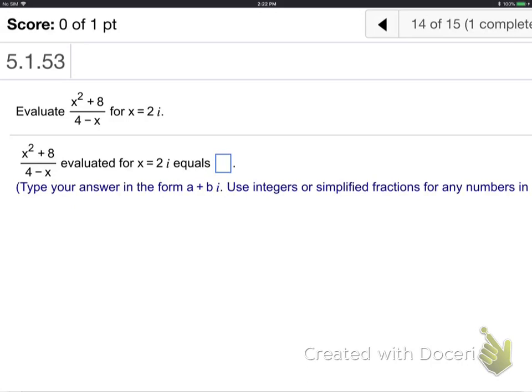So they want you to plug that 2i in for x. So 2i, plug it in there for x, and in there for x. That's kind of a long one. So plug in 2i in both those places, and then simplify. There's going to be a lot of simplification there.